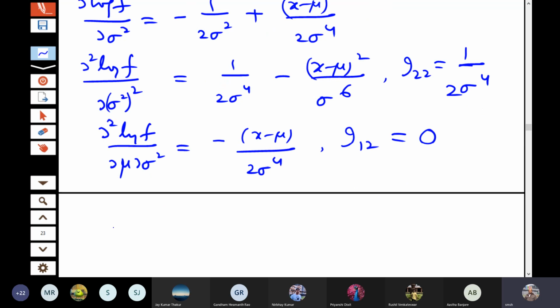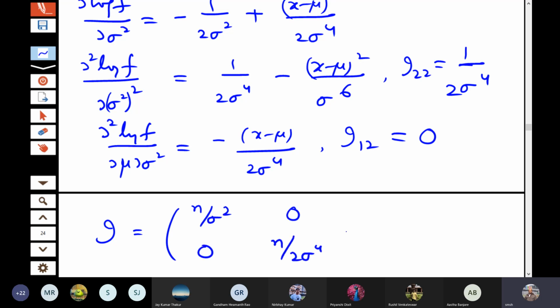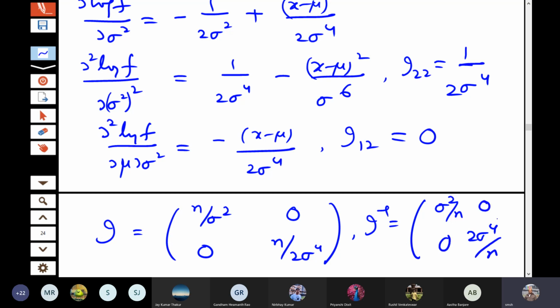So your I matrix is n by sigma square, 0, 0, n by 2 sigma to the power 4. So I inverse will become simply sigma square by n, 2 sigma to the power 4 by n, 0.